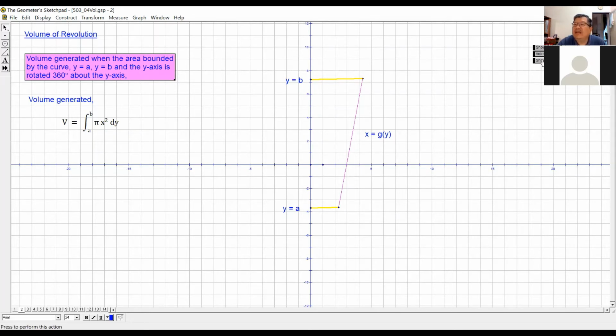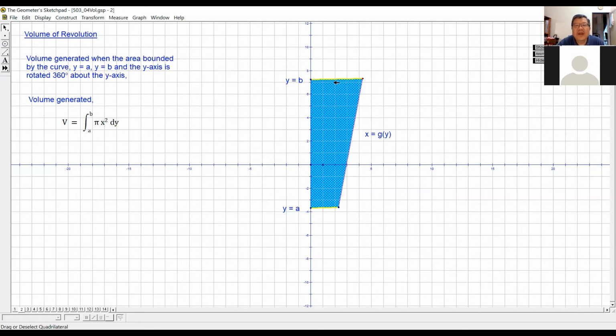It means that this area here between the curve, this is the line curve, the yellow lines y equals a and y equals b, and this axis here, the blue y-axis. Now this area is rotated about the y-axis.